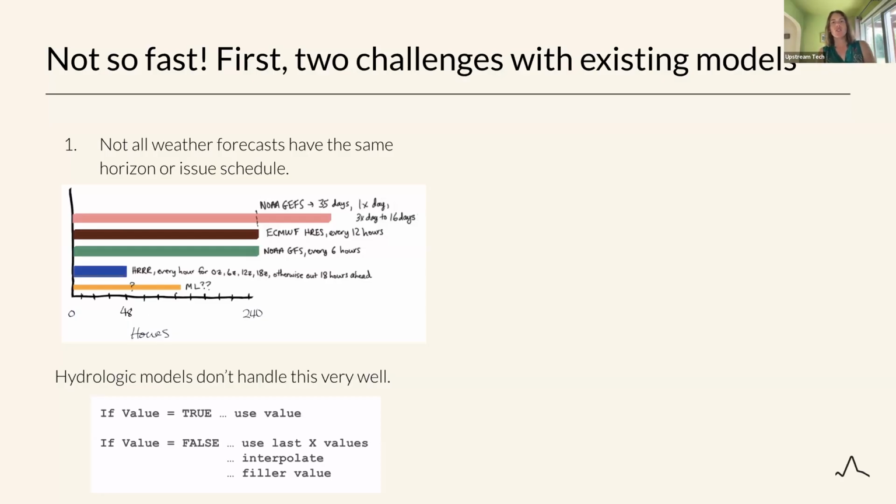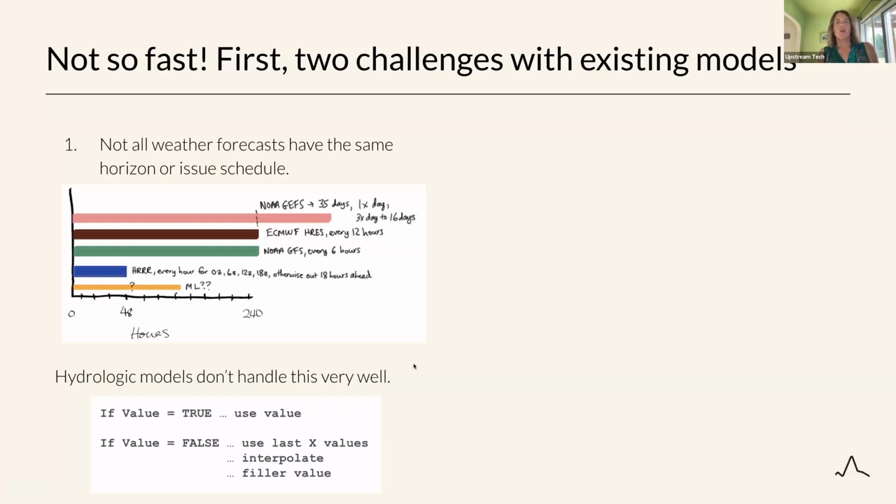So for any hydrologic model, physical model or neural network model, you actually need a value for every single input time step. So if it's precipitation, if it's temperature, you can't have a bunch of NAs. NAs will cause the model to crash. Now, hydrologic models just don't handle this very well.